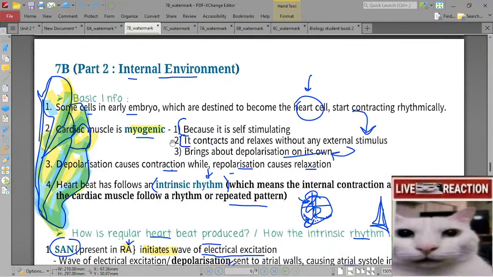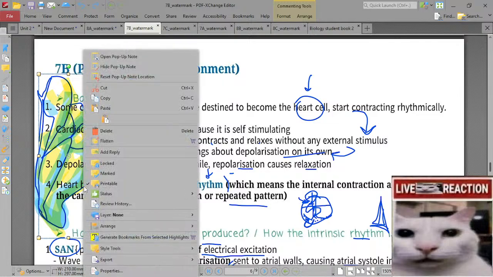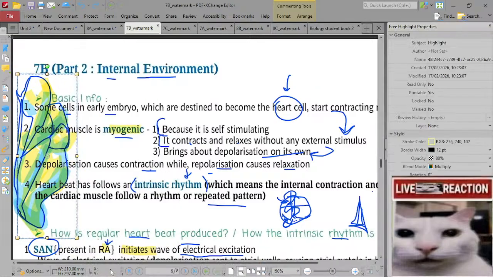This too, no idea what was going on here. This is a cool drawing. I did this in school, or I don't remember when I did this. Do I have info on this? Like properties? Oh my God, look at that.